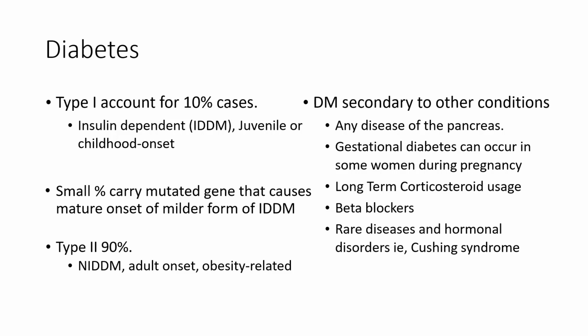And then there's type 2 diabetes, which we had historically referred to as adult onset diabetes. But as we're learning, we're seeing type 2 diabetes in people in their 30s and even in kids. And it's really related to obesity, right?